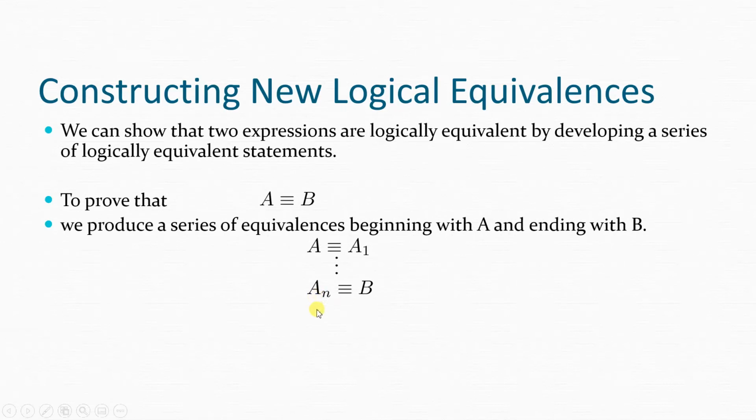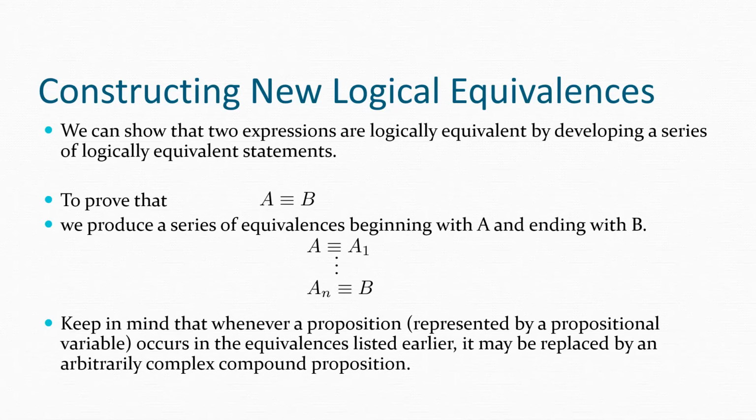In this procedure, we will be requiring the laws stated in table 7 and table 8. That is why we should know these laws, so that we can use this series. These laws are going to help us prove the logical equivalence.